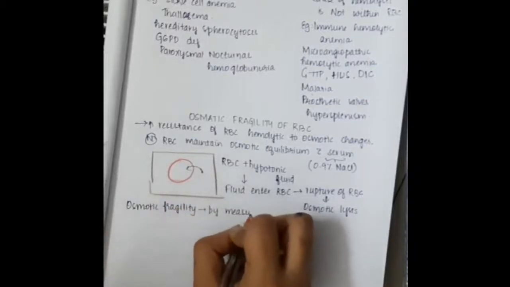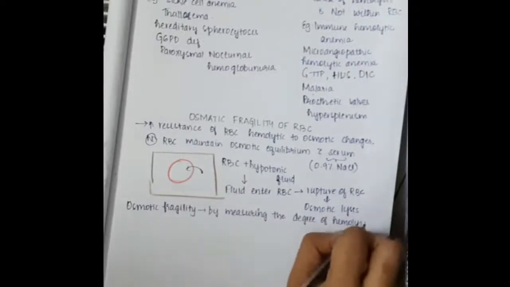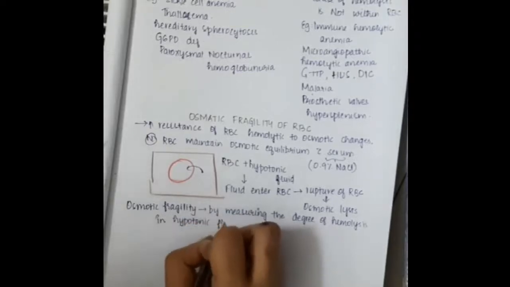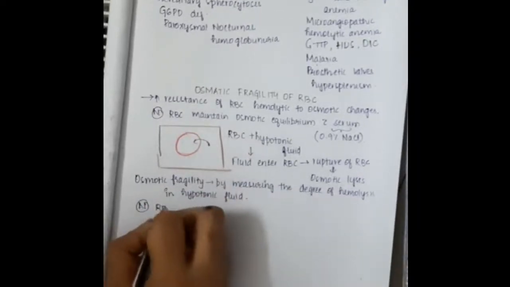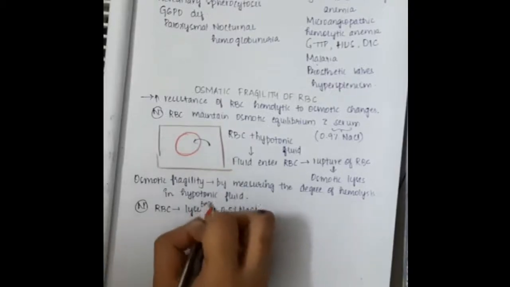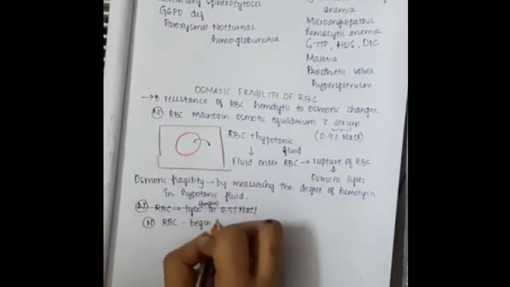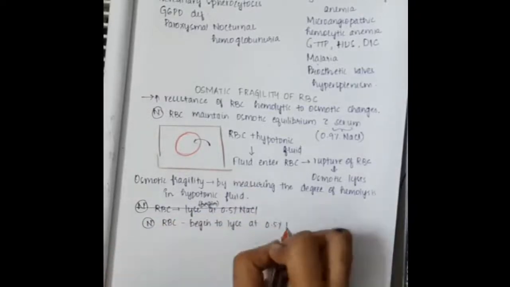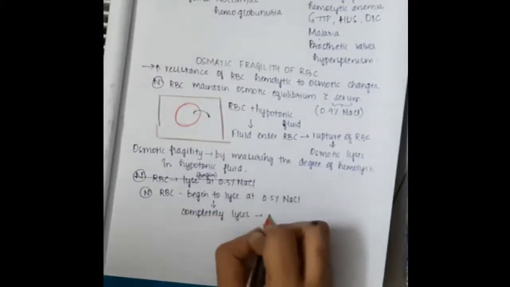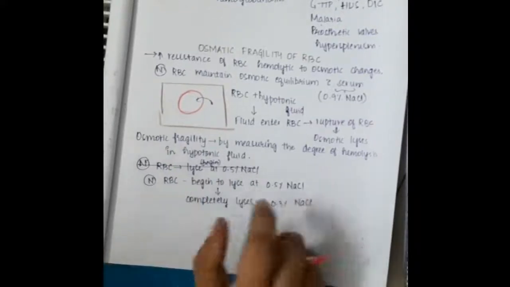Osmotic fragility measures the degree of hemolysis that RBCs can undergo in a hypotonic fluid. Normal RBCs begin to lyse at around 0.5% NaCl, and lyse completely by 0.3% NaCl.